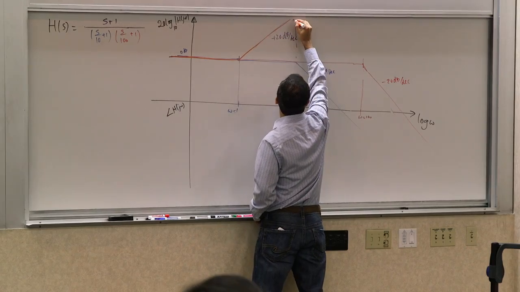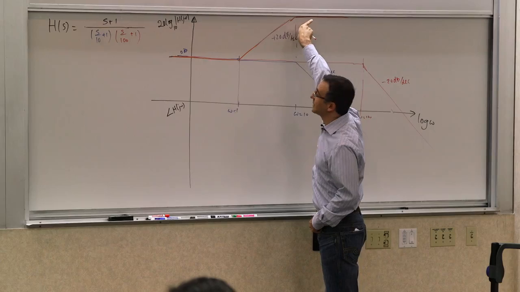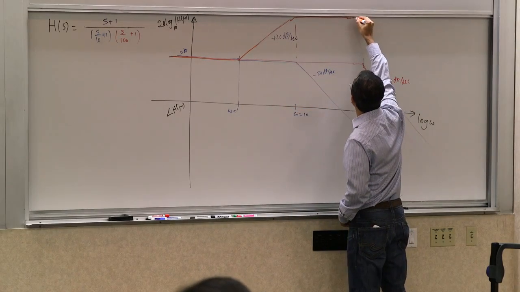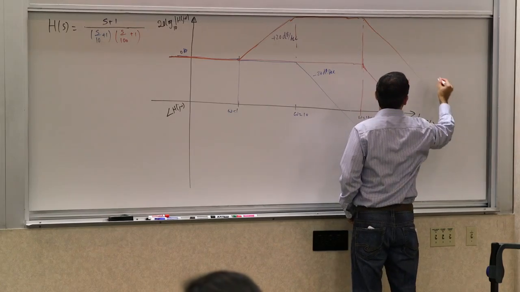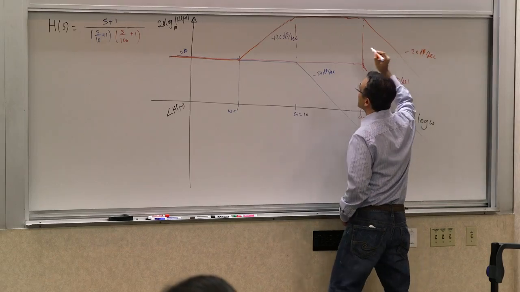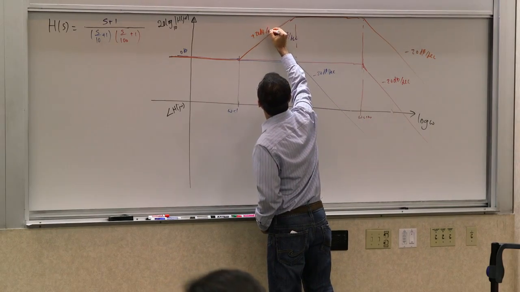And then when you hit here, you become flat because you have this adding to that, right? And then when you get to omega of 100, you start dropping at negative 20 dB per decade. So this would be a plus 20 dB per decade.